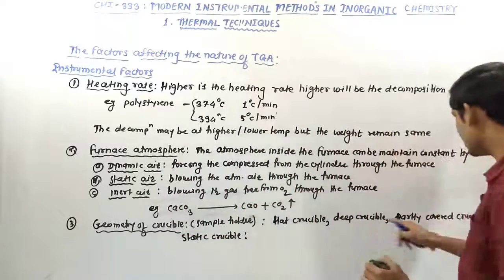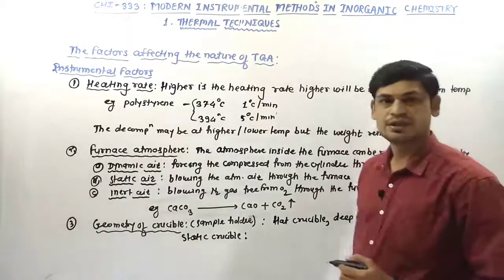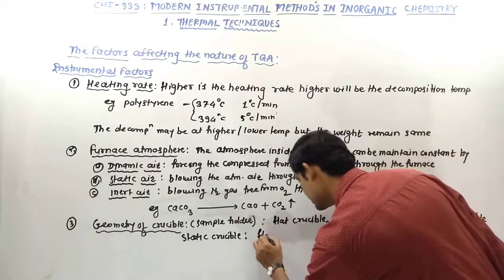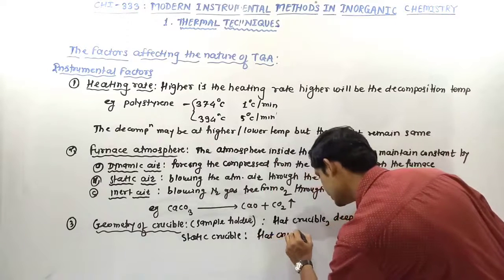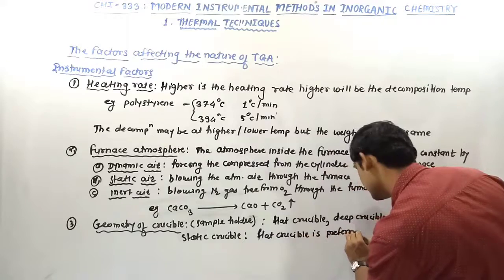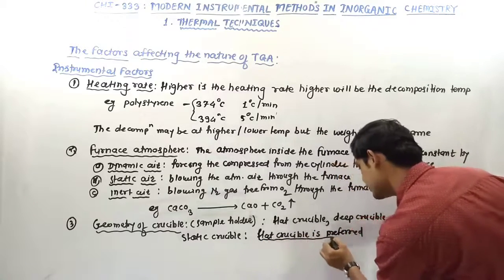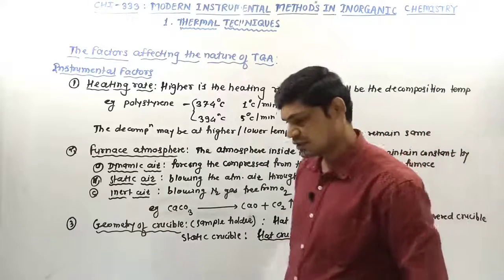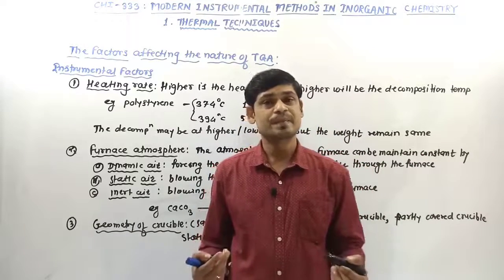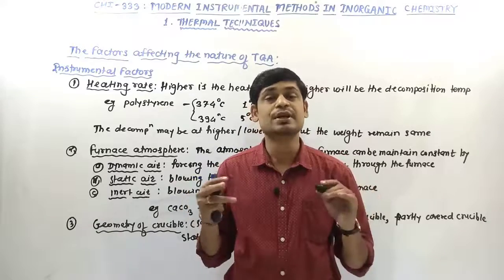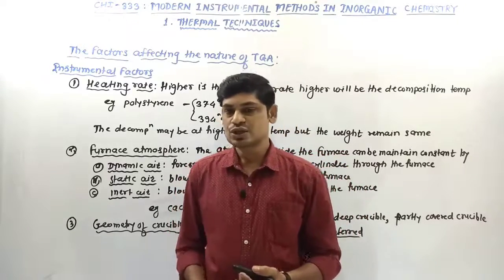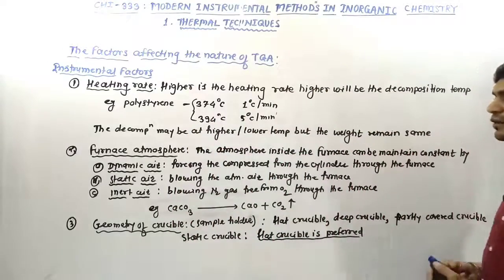But among all these possible crucibles, the flat crucible is preferred. The flat crucible is preferred because during the decomposition, whatever gases are liberated can be escaped, can be removed very easily if the crucible is a flat one. So it was an account of the instrumental factors.